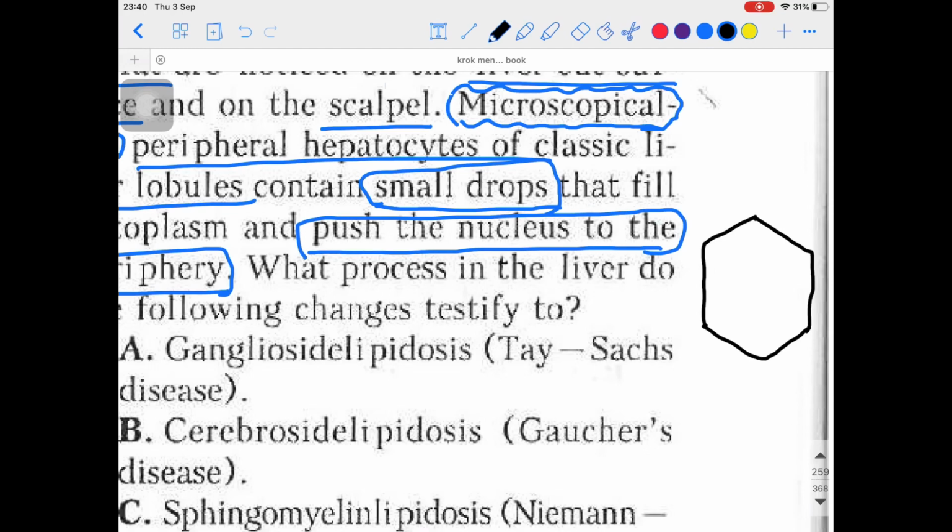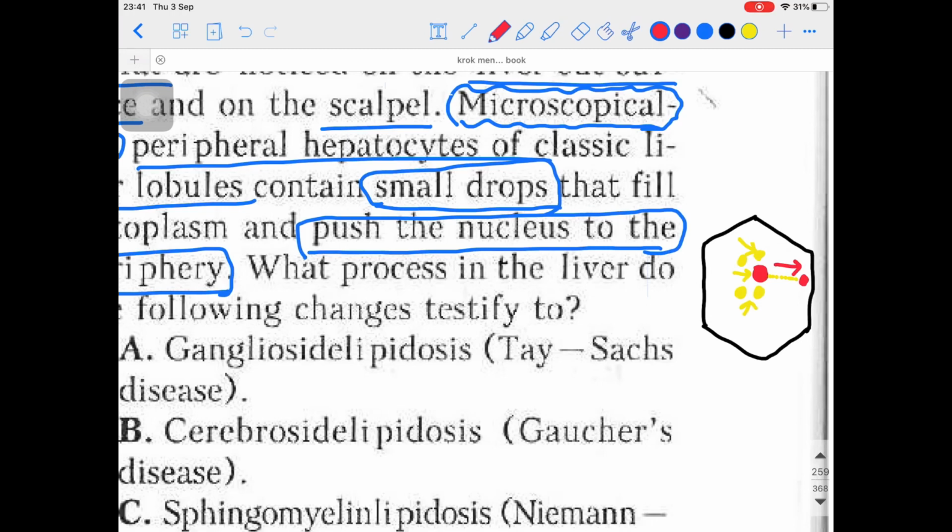I'm just telling you that if this is the nucleus and this is the cytoplasm, and around it in white is the fatty globule in the cytoplasm, these are the fatty globules present over there. What they will do is push this nucleus towards the periphery, gradually reaching here. That's what I'm talking about, right?